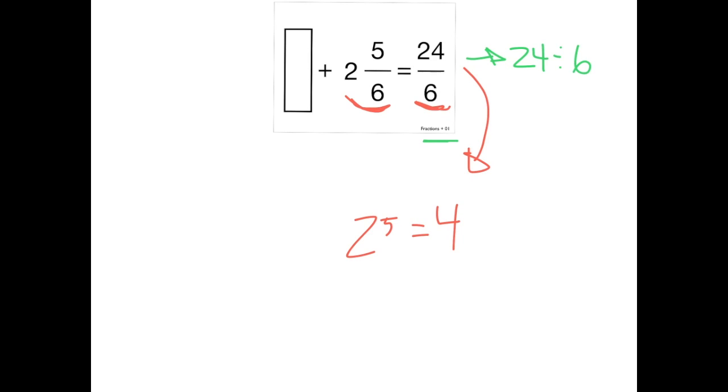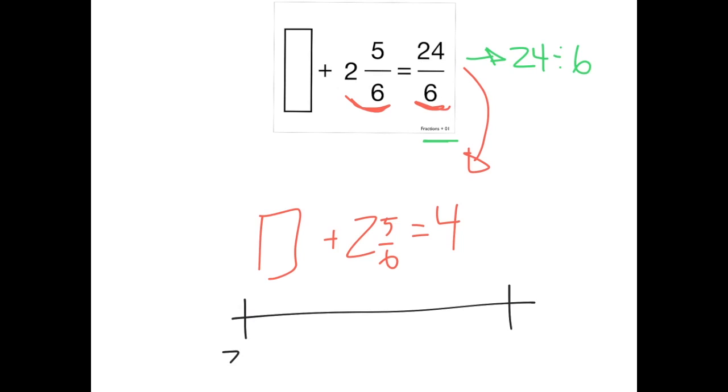So this addition question really looks like this. What number plus 2 and 5/6 is equal to 4? The number line is an effective visual representation of the addition we're looking to do. So 2 and 5/6, and I want to find out the missing add-in to get to 4.